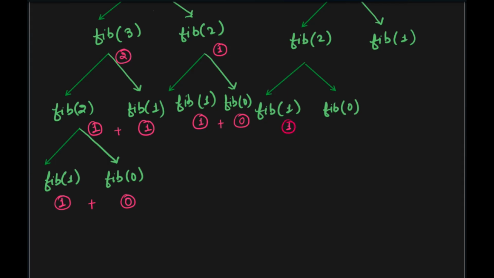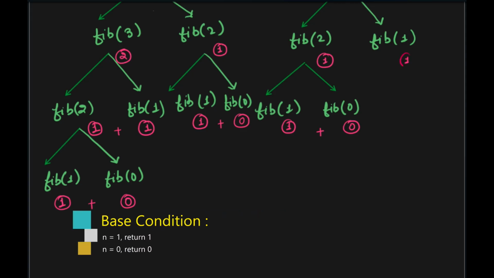Here we will return with 0. Here we will return with the summation. It means 1 plus 0 is 1. Here we will return with number. It means 1, as we are in base case.